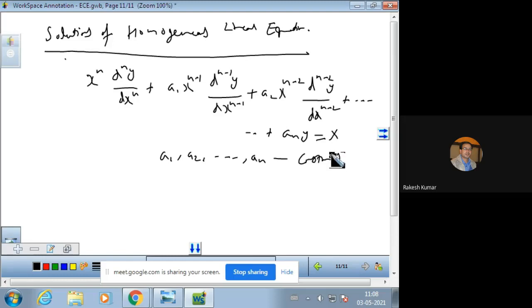These are constants, and X is a function of small x variable only, or it is a constant.